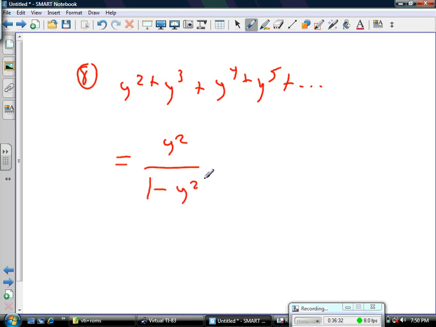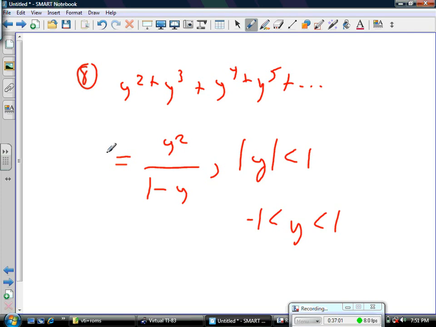R is just y. But that is a true statement only if the value of r is less than 1 in absolute value. For y values between negative 1 and 1. Again, if I graph this and I graph this, I'm going to get the same thing only for these values.